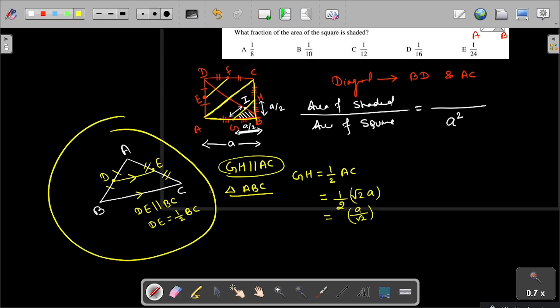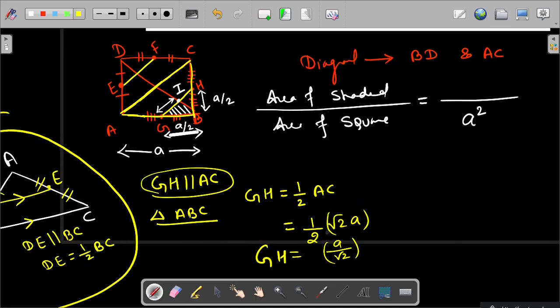So if I consider my triangle ABC, G is the midpoint of AB, H is the midpoint of BC. If I join G and H, GH should be parallel to AC, and GH should be equal to half of AC. We know AC is the diagonal, and the diagonal of the square is root 2 a. I have simplified this and I'm getting GH equal to a upon root 2. Is it okay now?